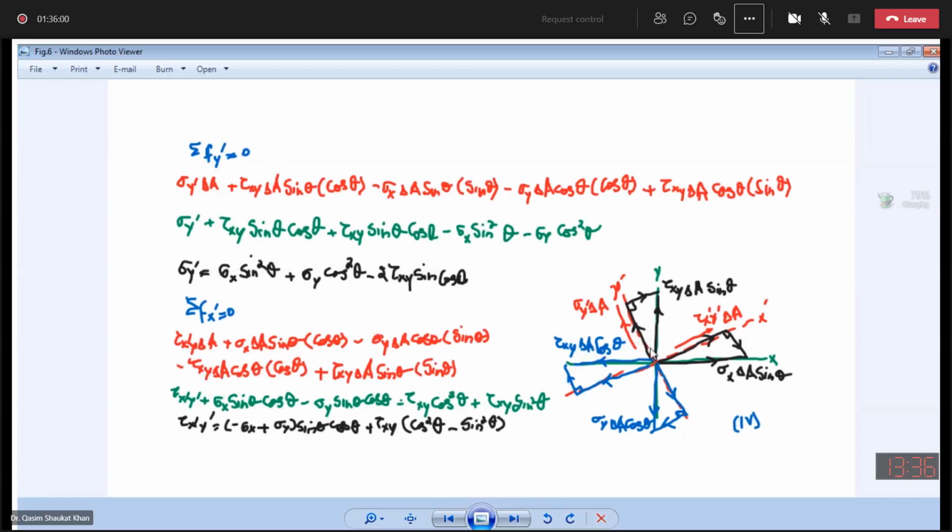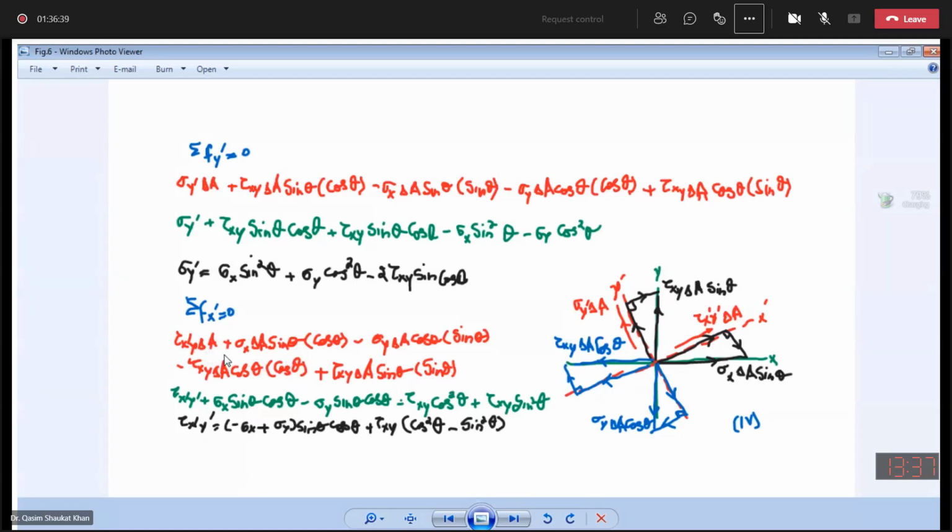Then I have this component tau xy delta A sine theta. Its component about the x dash axis will be tau xy delta A sine theta into sine theta, and this component is pointing towards the positive x dash axis, so this will be positive. Now this should be equal to 0, and then we will take delta A as common in this equation and equate it to 0, so delta A will be removed.